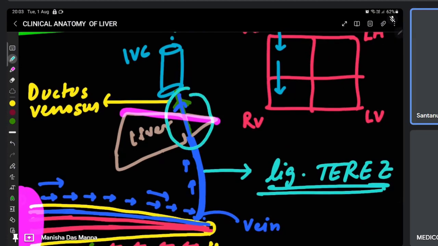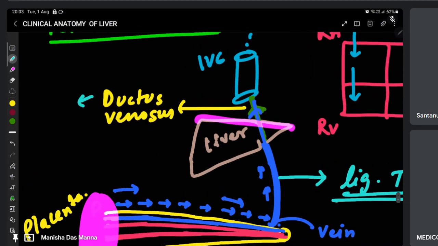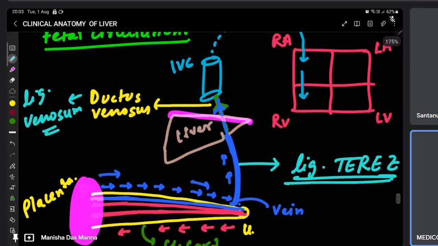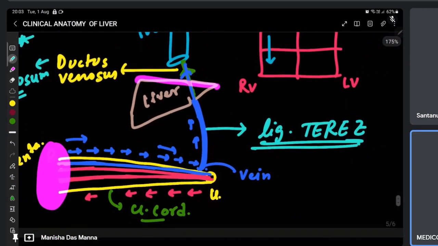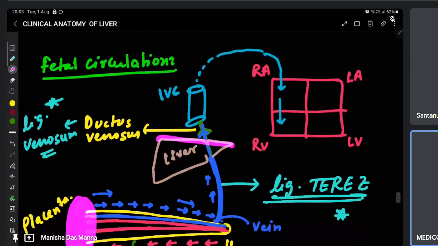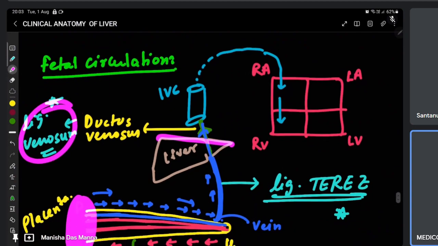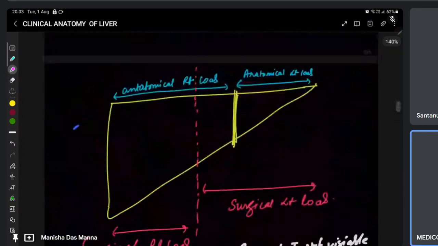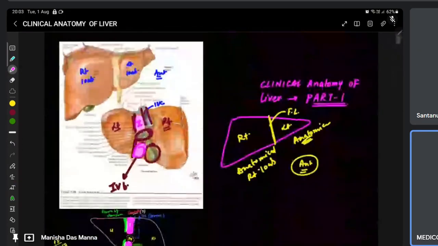The ductus venosus, in later stage, its remnant is converted into the ligamentum venosum. So that's why I am talking about the fetal circulation here, which is a little bit irrelevant. But for your clear concept of what is ligamentum venosum and what is ligamentum teres, you can appreciate it now.